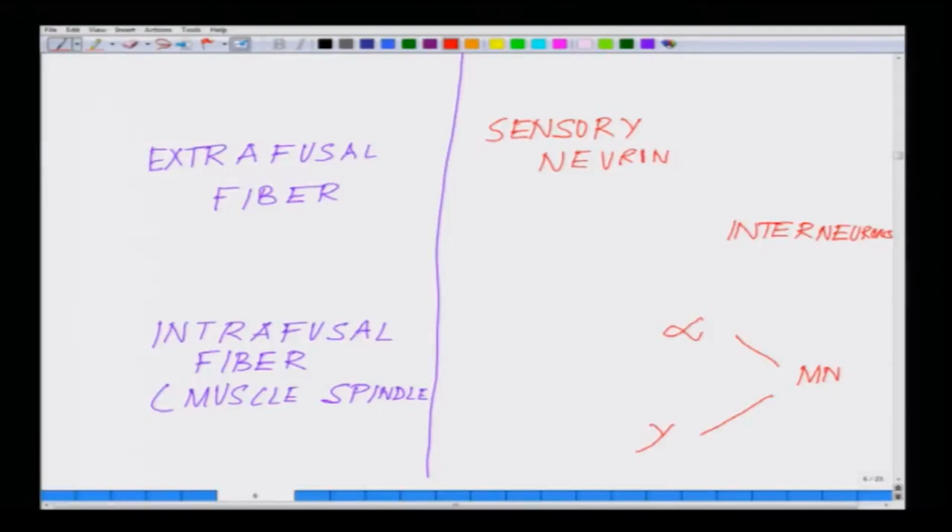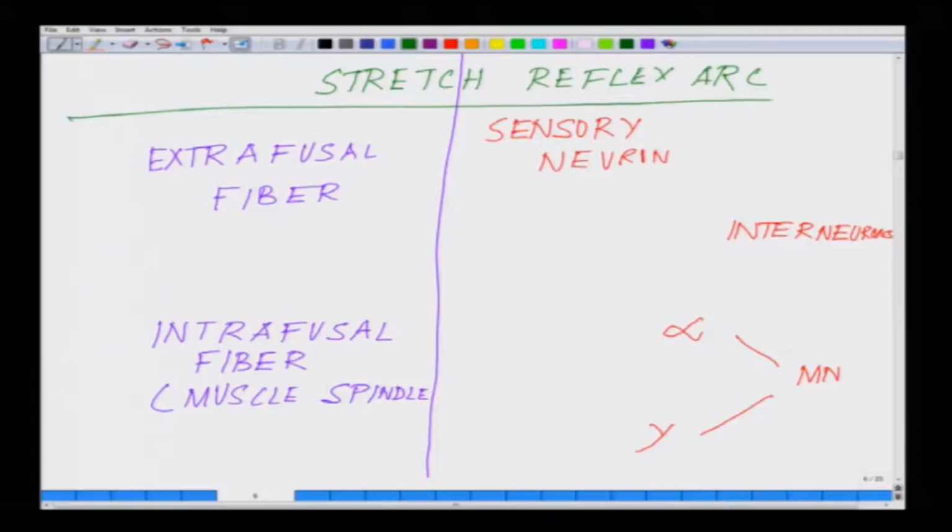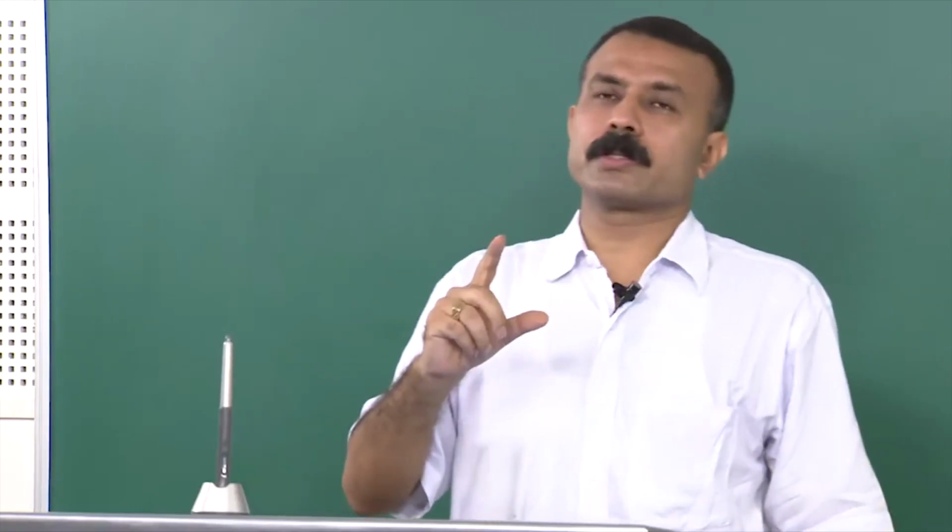So, this is the same stretch reflex circuit, the stretch reflex arc, that I started in the beginning of this class or in the previous class. Now, if you look at it, there are at least 6 components.